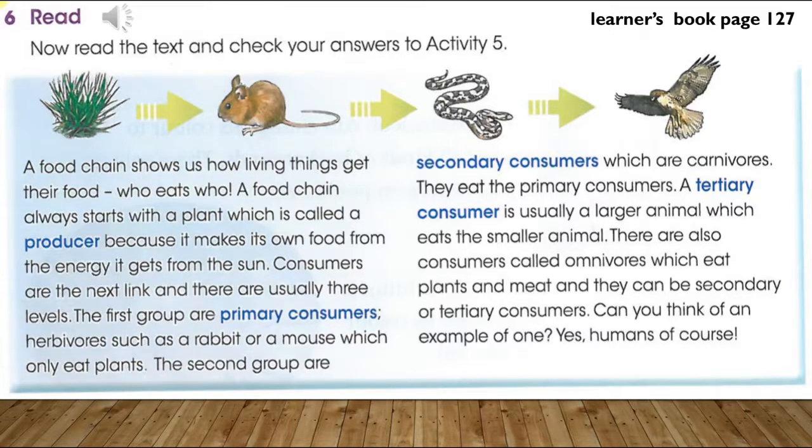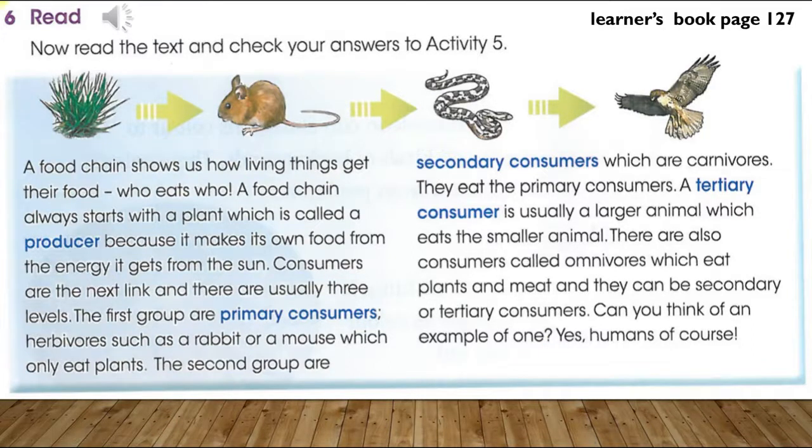The second group are secondary consumers, which are carnivores. They eat the primary consumers. A tertiary consumer is usually a larger animal which eats the smaller animal. There are also consumers called omnivores which eat plants and meat, and they can be secondary or tertiary consumers.